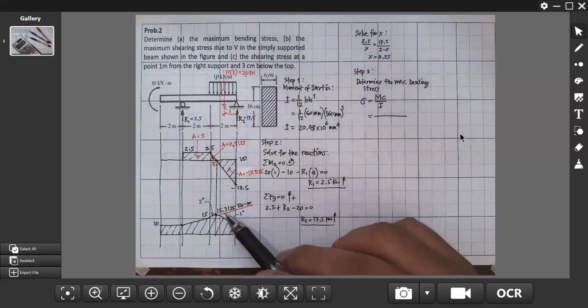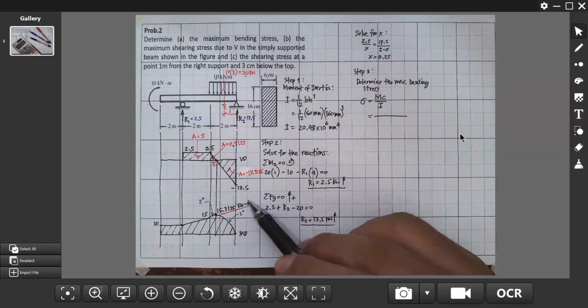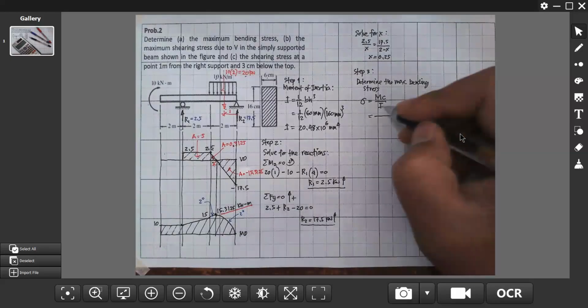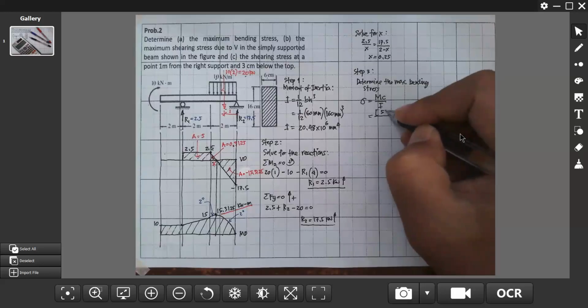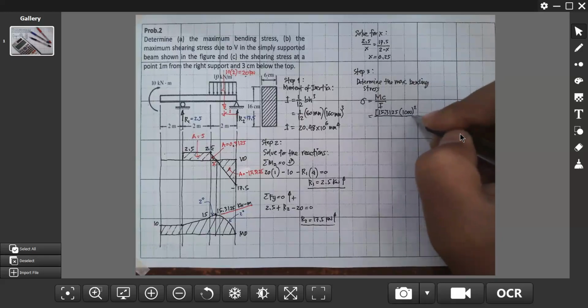So 15.3125 will be converted to newton millimeters. We multiply by 1,000 to convert to meters, and another 1,000 to convert to millimeters. Therefore our moment is 15.3125 times 1,000 squared.